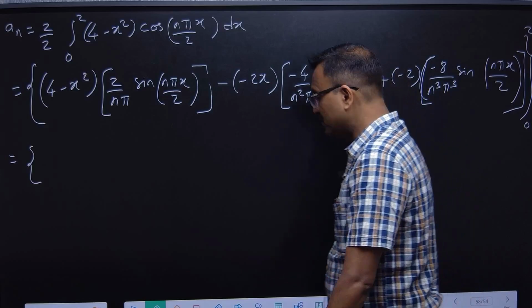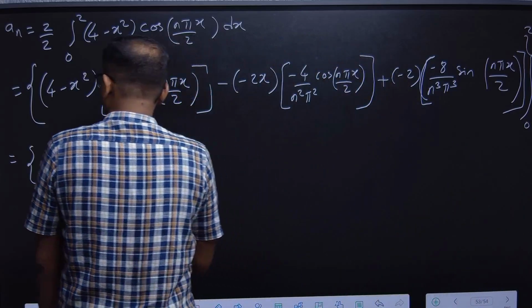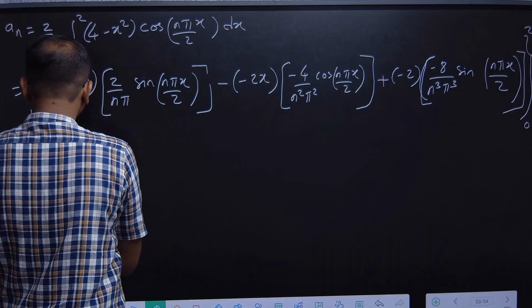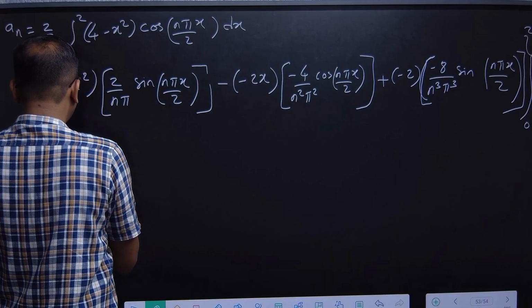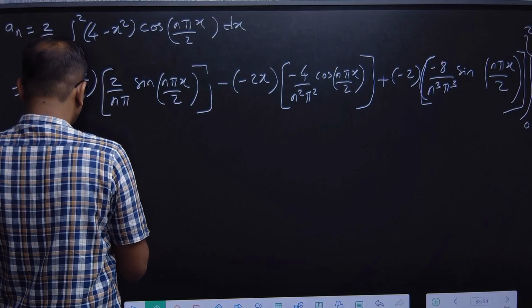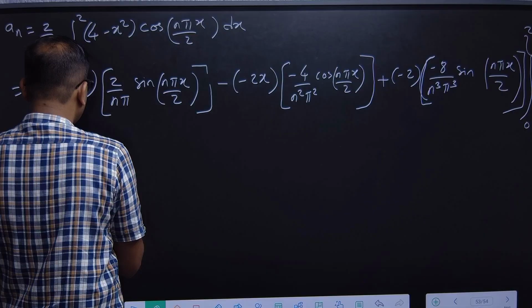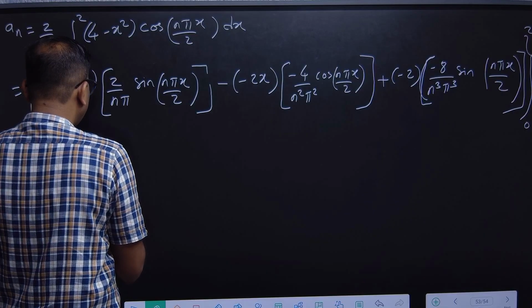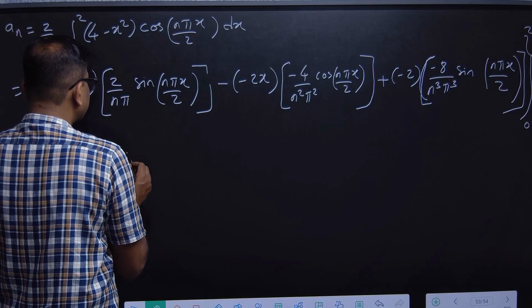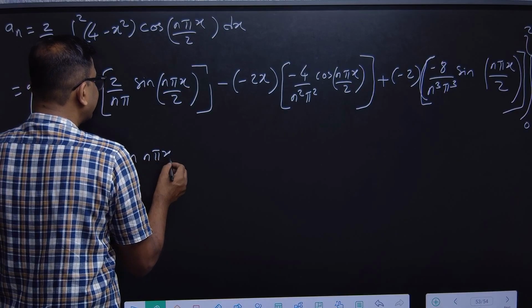But before I substitute the limits, I will simplify this. You may write it as 4 minus x square into 2 upon n pi into sin n pi x upon 2.